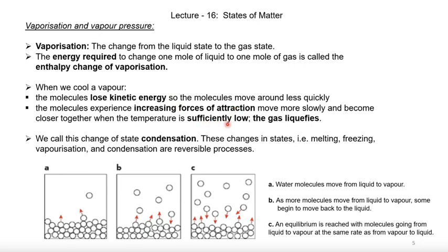At sufficiently low temperature, the gas liquefies. This change is called condensation. The terms we have been discussing now are melting, freezing, vaporization, and condensation. These are all reversible processes.